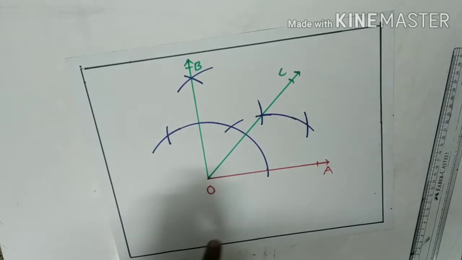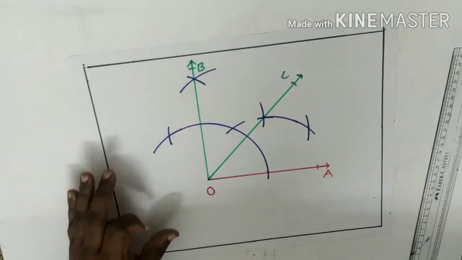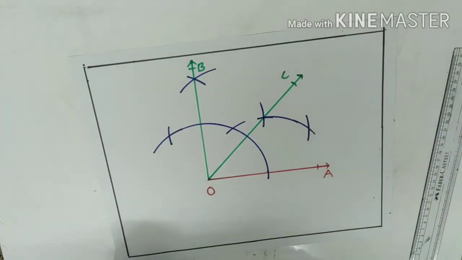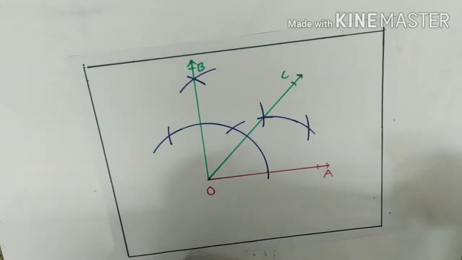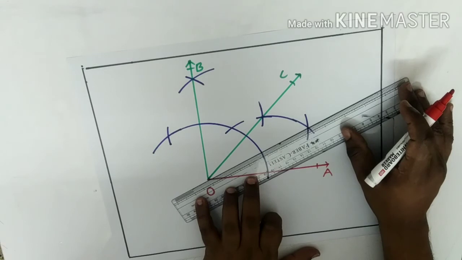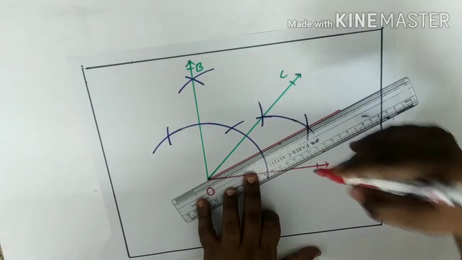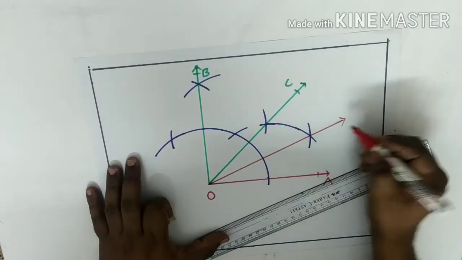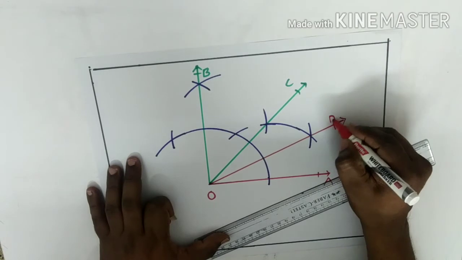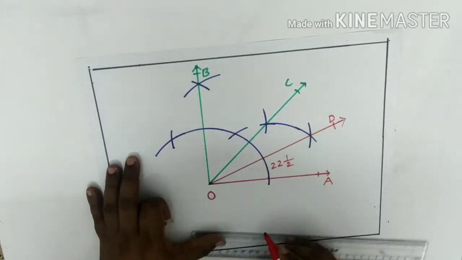Now this is the line, 22 and a half degrees, base is OA, and I am drawing it now. If you consider this as D, then this angle is 22 and a half degrees.